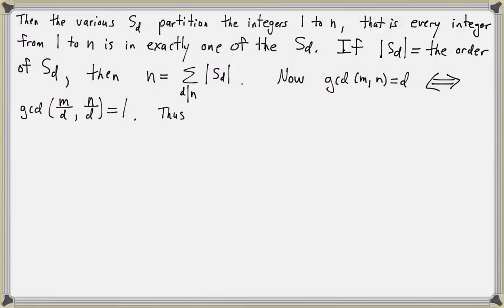Thus, m will be in the set S_d if and only if m over d is relatively prime to n over d. So if I want to count the number of elements in S_d, I can just count the number of elements that are relatively prime to n over d. But we have a notation for that.